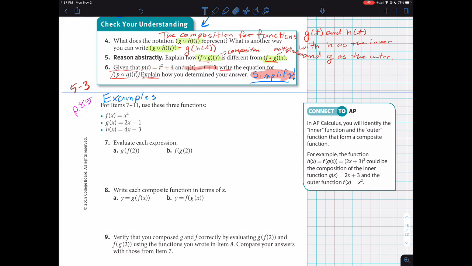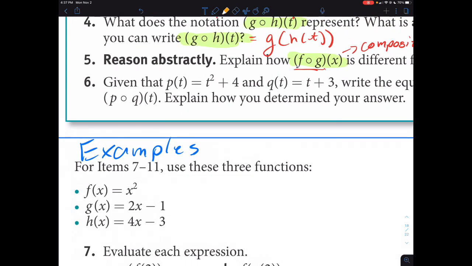And number 6, it gave you 2 functions, p of t and q of t, and then write the equation. So write the equation for the composition. So this should have gone something like p of q of t, and that means you're taking function q and plugging it into p.